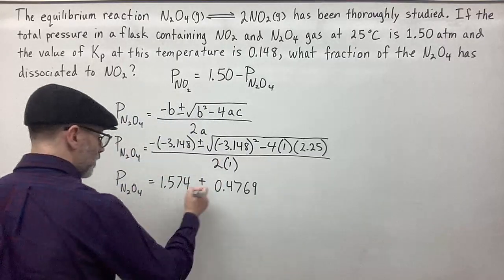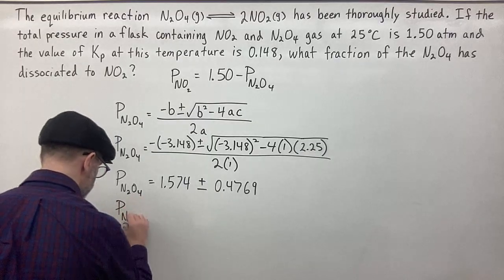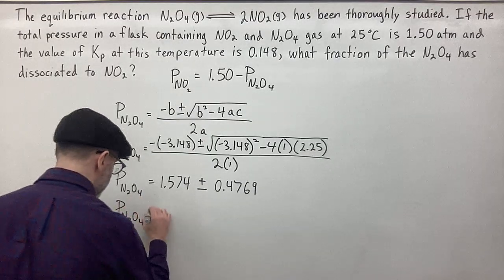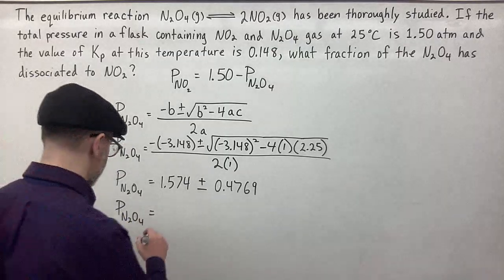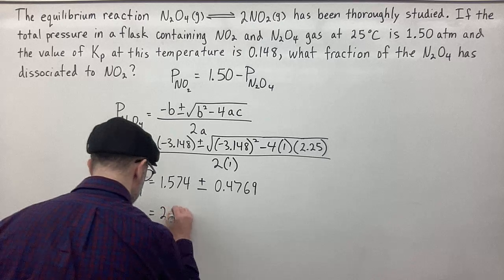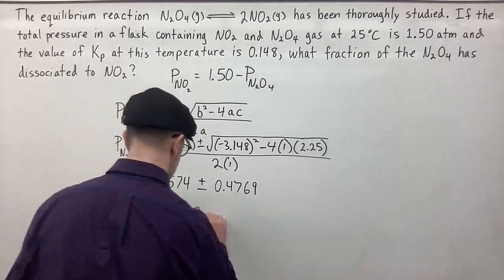When I add this, I get the partial pressure of N2O4 equal to 2.0509 atmospheres.